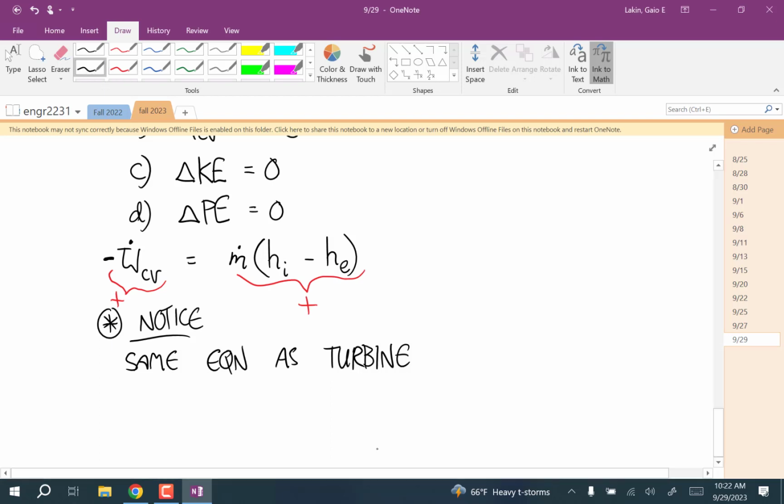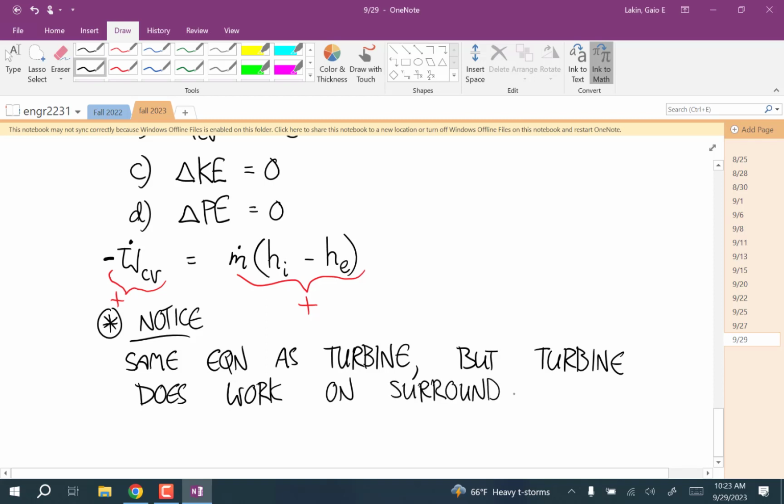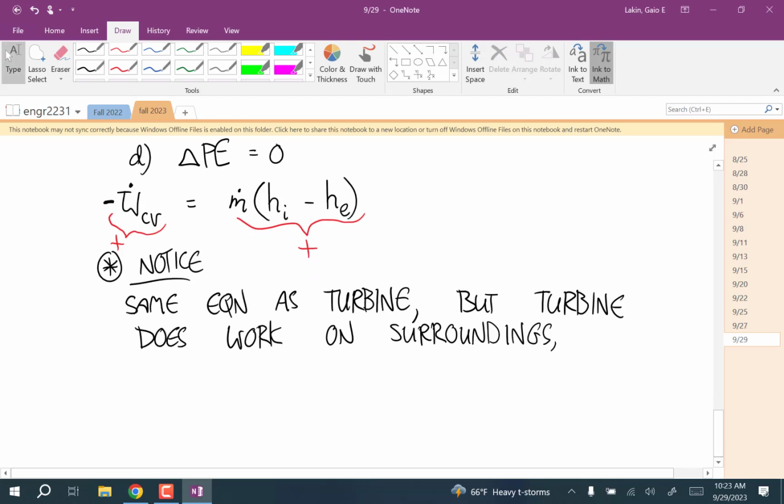So it's the same quantities in there, but a turbine does work on the surroundings, whereas a pump inputs work from the surroundings.